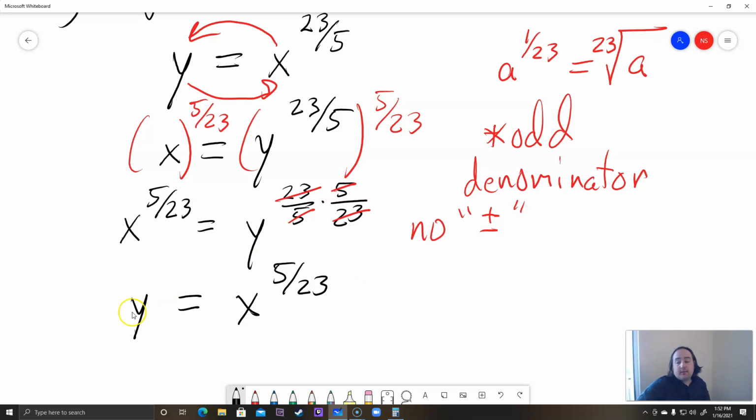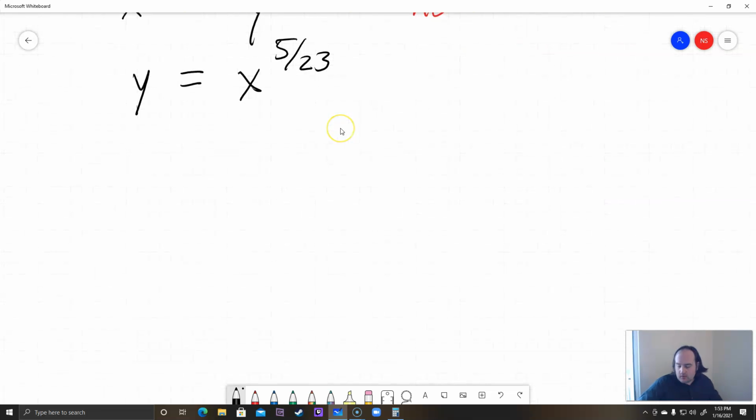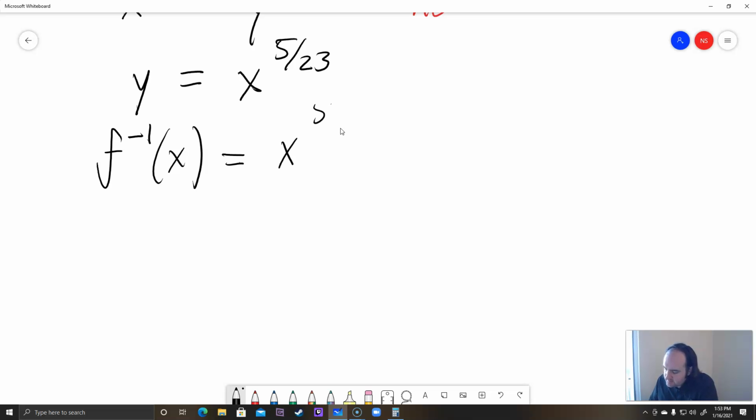All right, and then remember, this new y that we've come up with here is the same as f inverse. Okay, so our f inverse of x is equal to x to the 5 over 23. All right, so we did our first step. We found f inverse. Now our second step is going to be to take the derivative.